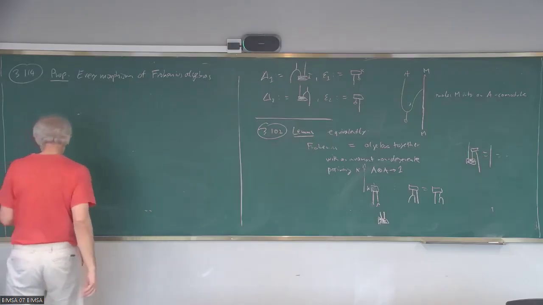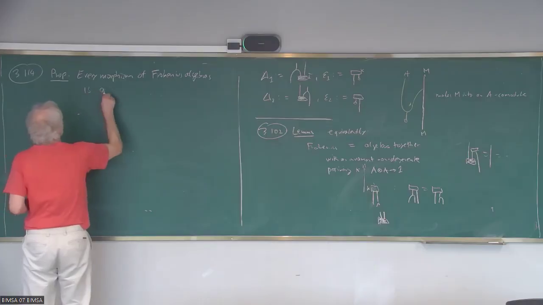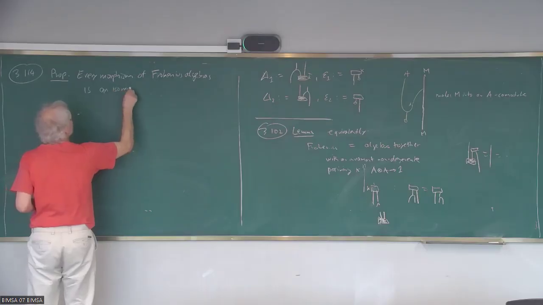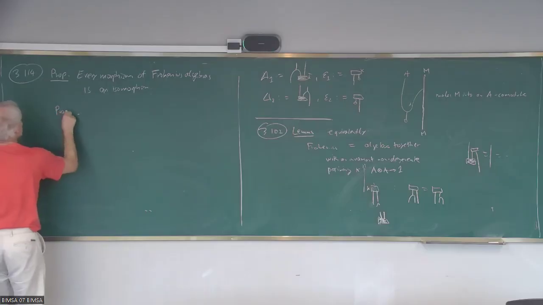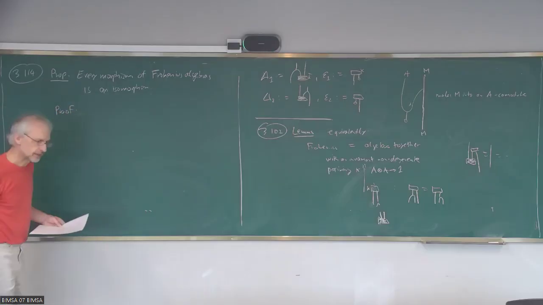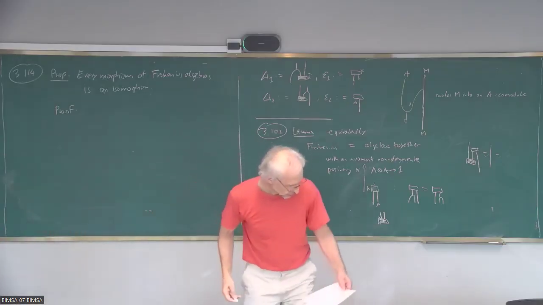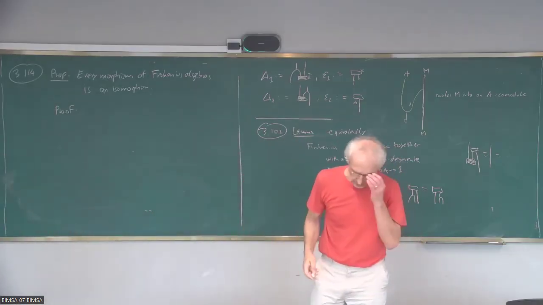Nothing else. Every such morphism is an isomorphism. And I present here the proof because I find this nice. It's much quicker than one might expect.